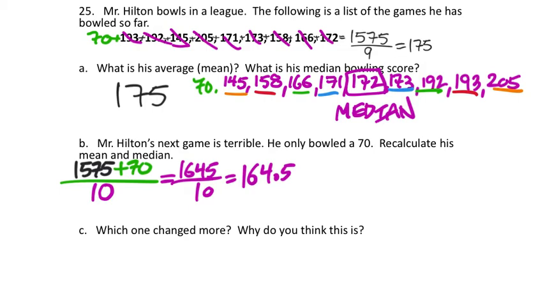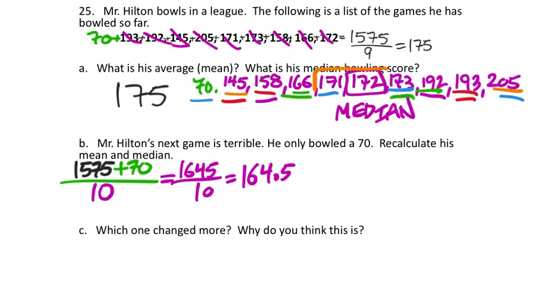But then it also wants the median. So I go back to the list that we had already. And we'll just look at these from the edges and work our way inwards. So 70, give myself some space here. 70 and 70, 145, 193, 158, 192, 166, 173.